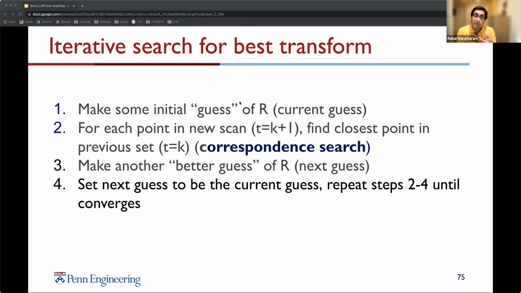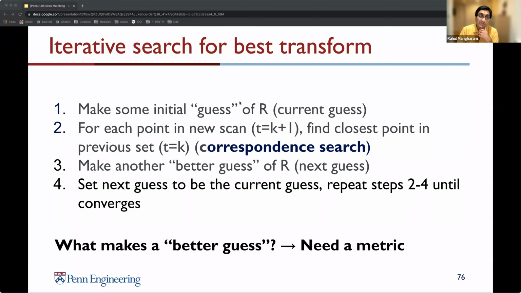After transforming the points with respect to this guess of R, for each point in the new scan, we find the closest point in the previous set at time t equal to k, a process which we call the correspondence search. Based off the correspondences, or the matched tuples of points, the algorithm makes another better guess of R. So the next guess will be the current guess, and we repeat steps 2 to 4 until the solution converges.